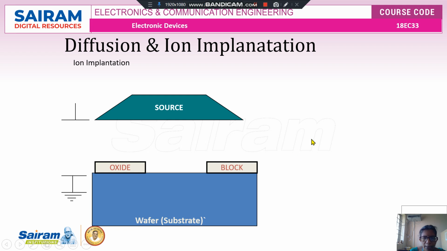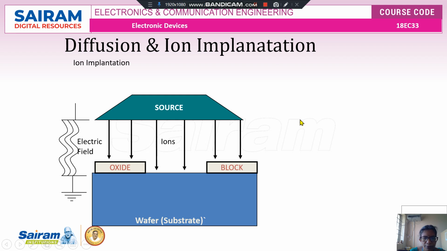Now, when a source is there and, due to either an applied electric field or a concentration gradient, ions move onto this surface, these ions will penetrate inside this surface. Because of this, only the region exposed to the ions will be converted to the corresponding layer.